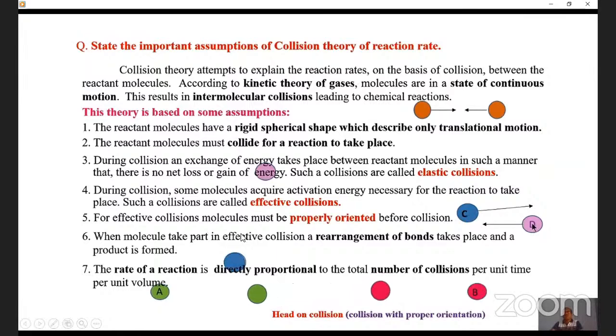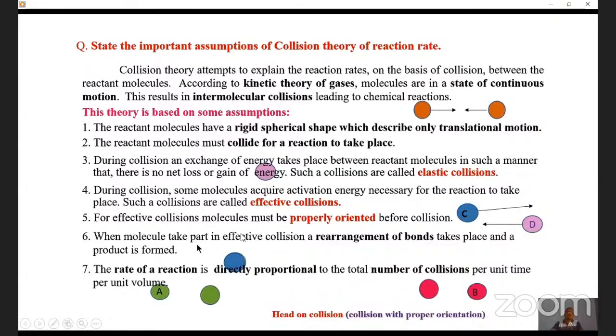The collision between these two molecules will not be a head-on collision like the other two molecules. So this type of collision with a poor orientation simply increases the kinetic energy of one of the reactant molecules. This type of collision does not lead to the formation of a product.